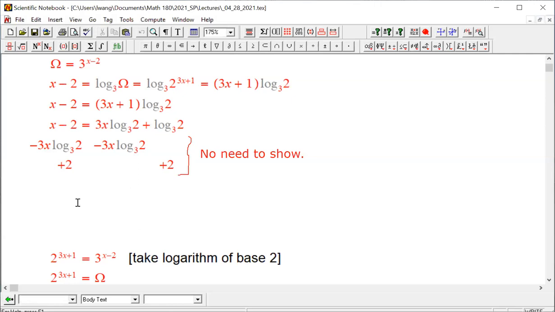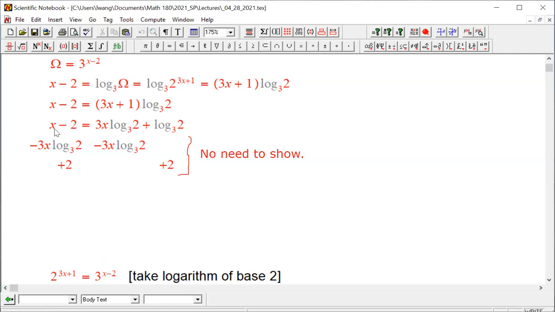Okay, and now what do we get? We get x minus 3x times log base 3 of 2 equals 2 plus log base 3 of 2.